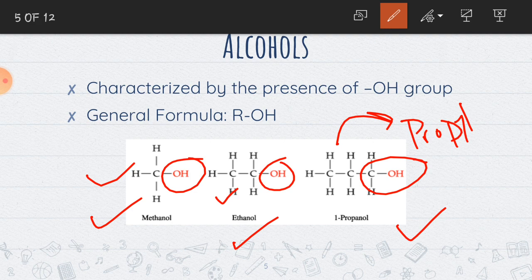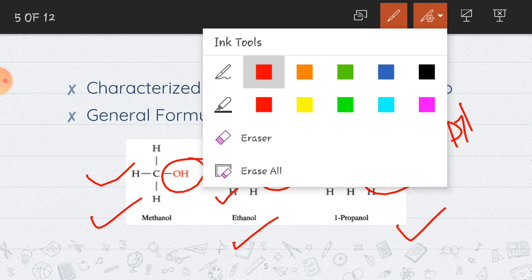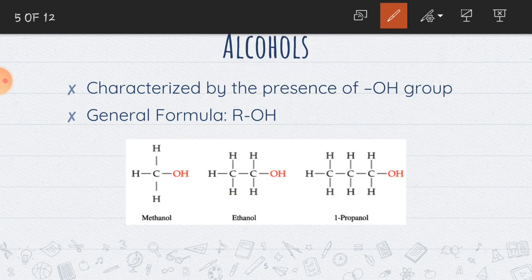If you look at the names of all these substances, then you will see that each substance name is ending with the word ol. So for all the alcohols, the suffix ol is used.